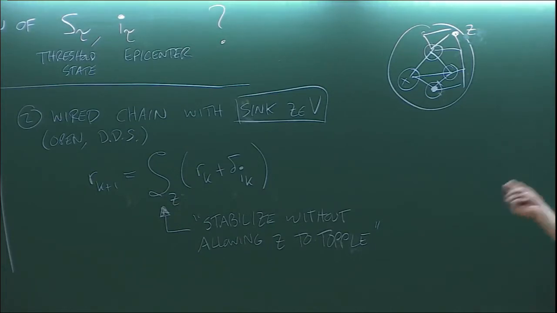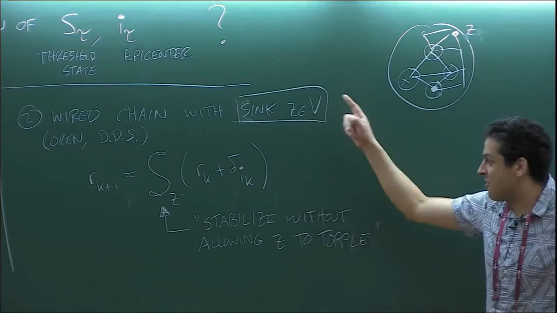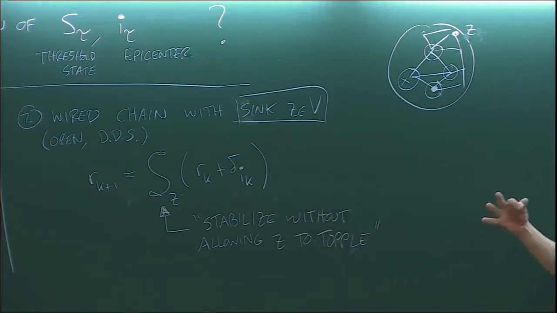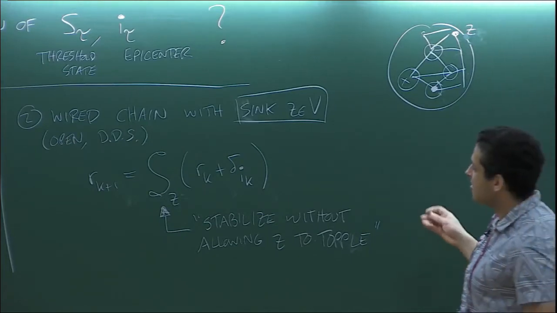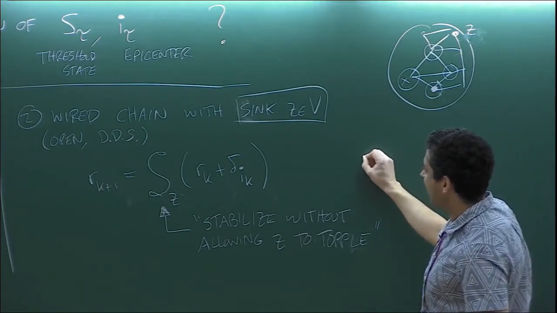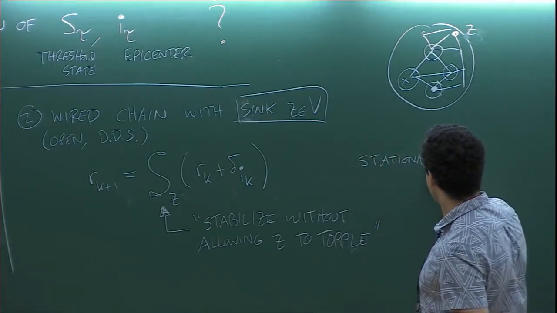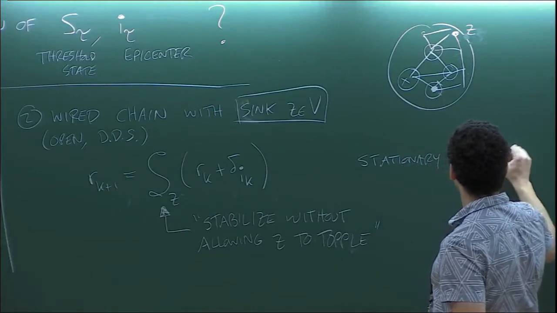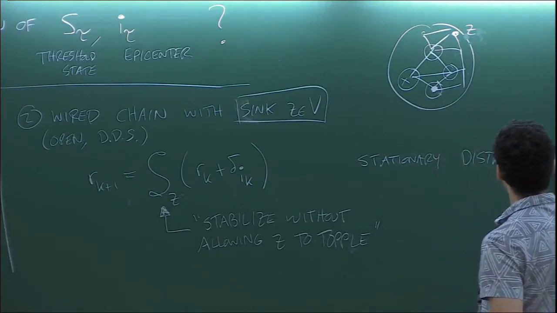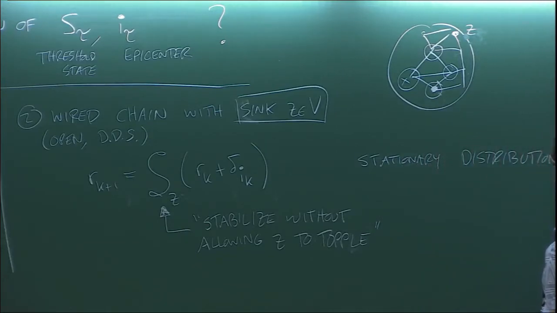So the advantage of this chain is that you can run it forever. You don't have to stop when things explode because they never explode. And we like that because a Markov chain you can run forever. It has a stationary distribution, right? So this guy has a stationary distribution, call it pi z.